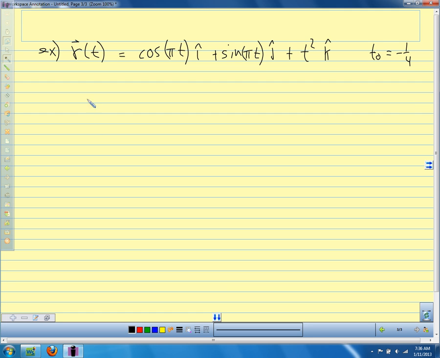We want to find, for this particular function, r prime of t0 over the magnitude of r prime of t0. And we're going to find another quantity. We're going to do two derivatives, r double prime of t0 over the magnitude of r double prime at t0.